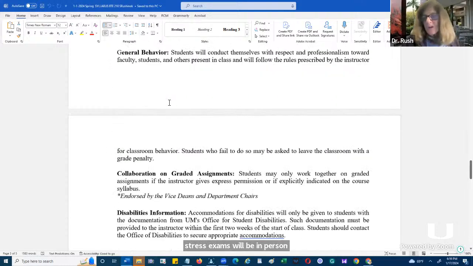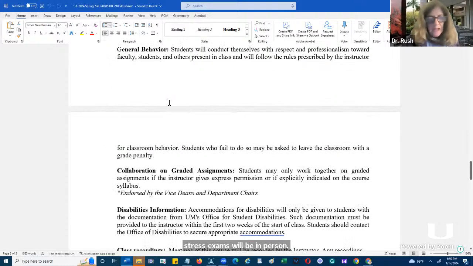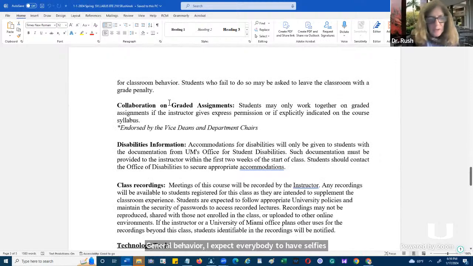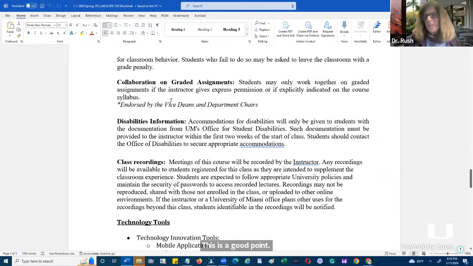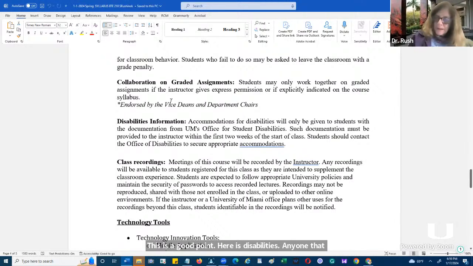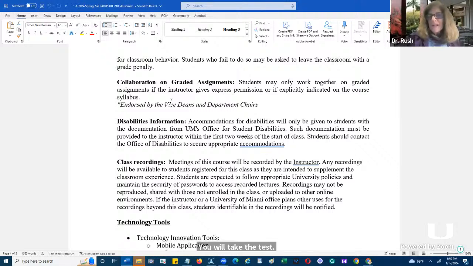General behavior: I expect everybody to have respect for one another, and I the same to you, and you to each other. This is a good point here, disabilities. Anyone that has accommodations for any disabilities, you will take the test with the rest of the class.